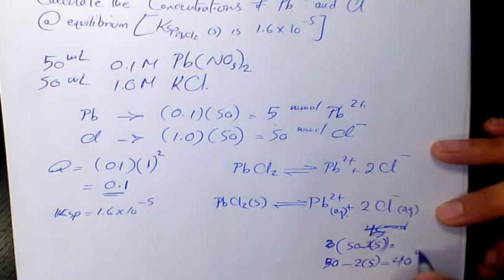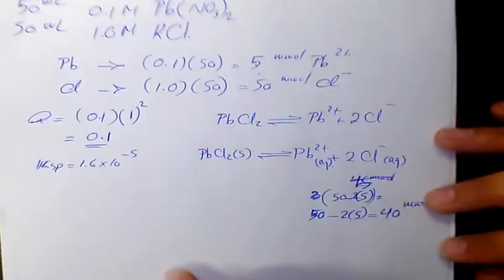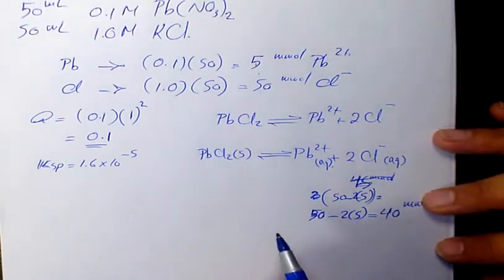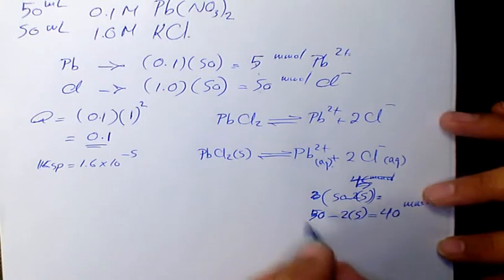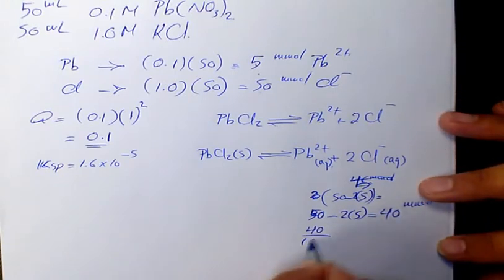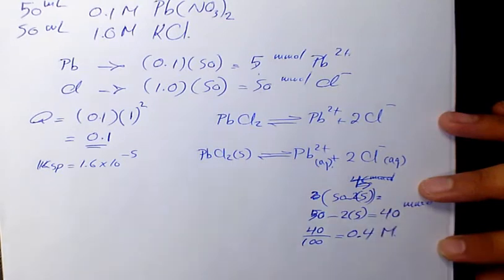It's going to be 40 millimole, divided by the total volume, which is 50 plus 50, that's 100 ml. So 40 divided by 100 is going to be 0.4 molar.